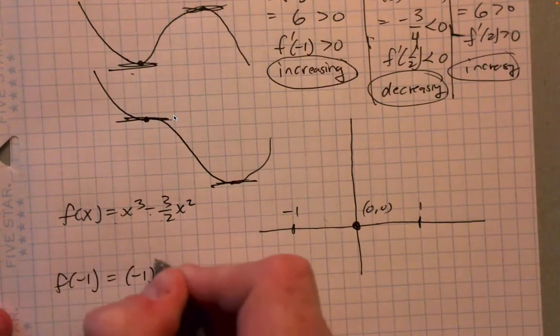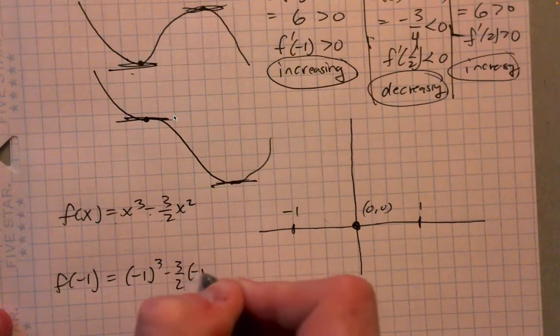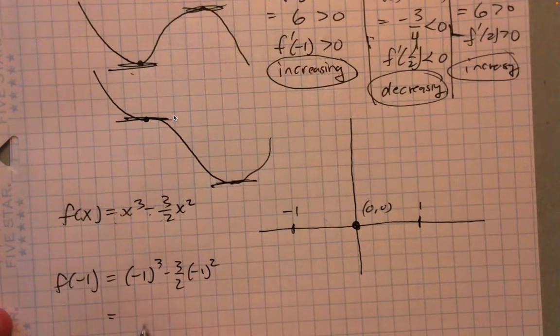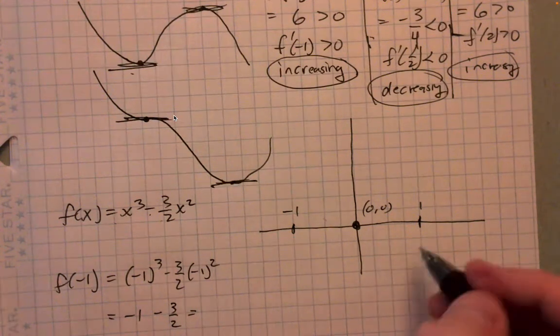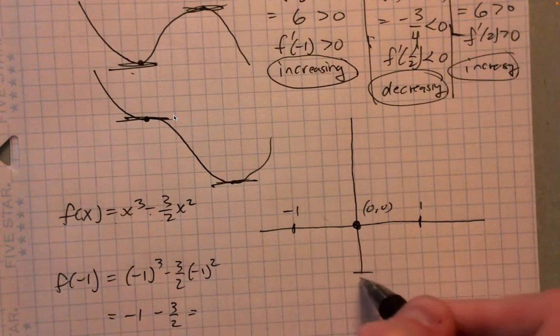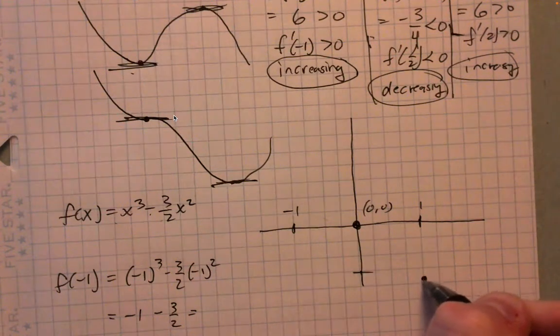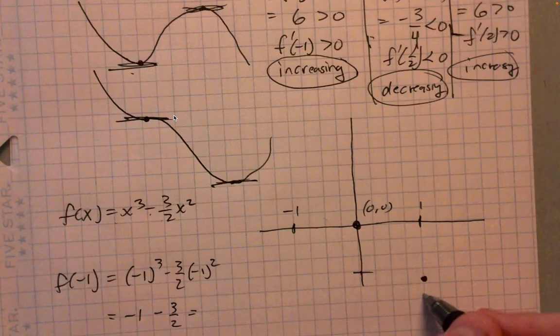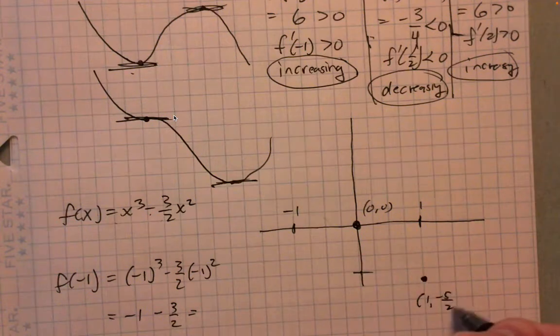We can just calculate it quick. So you'd get -1 minus 3/2, so that would be -2/2 minus 3/2, so -5/2. All right, so it's somewhere down here. So you would have -1 comma -5/2.